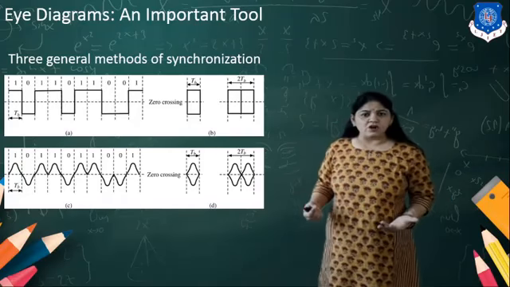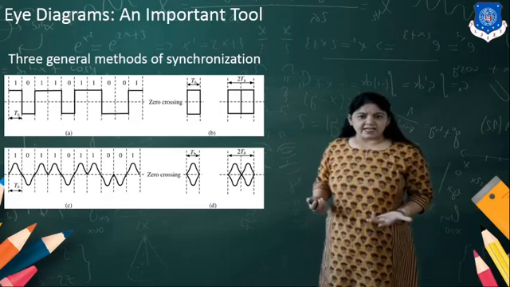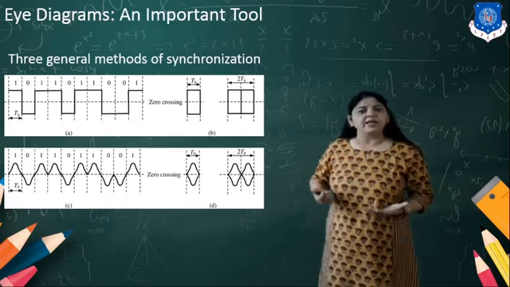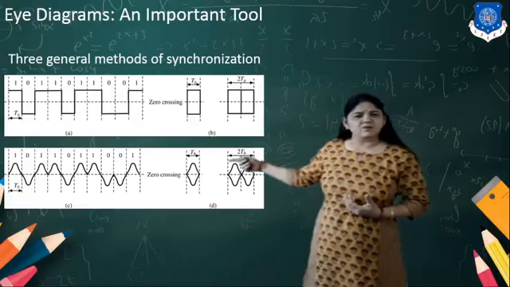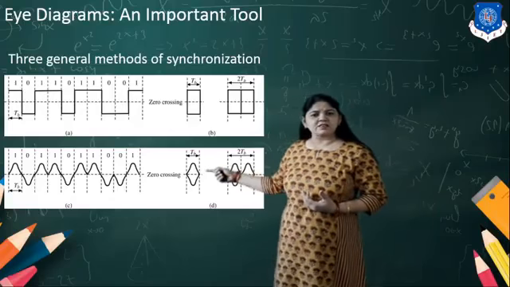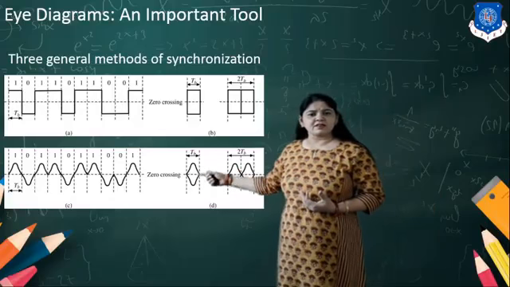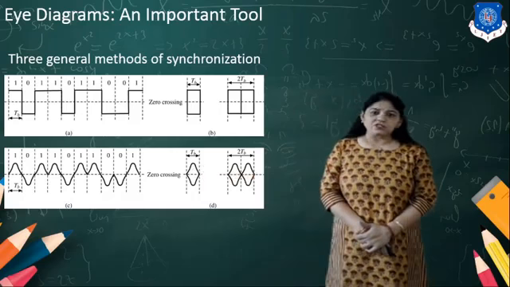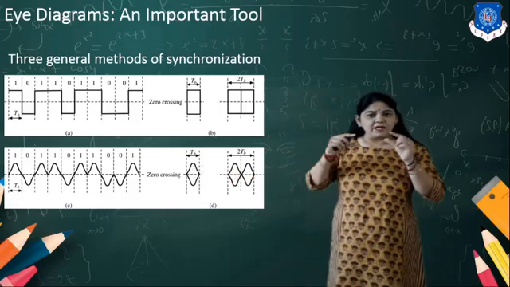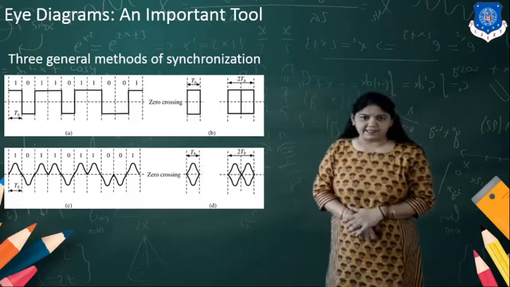While you draw the eye diagram, or display all the data onto the CRO, it may look like this. So what is it? When you see the shape of all these waves on the CRO, it looks like an eye.